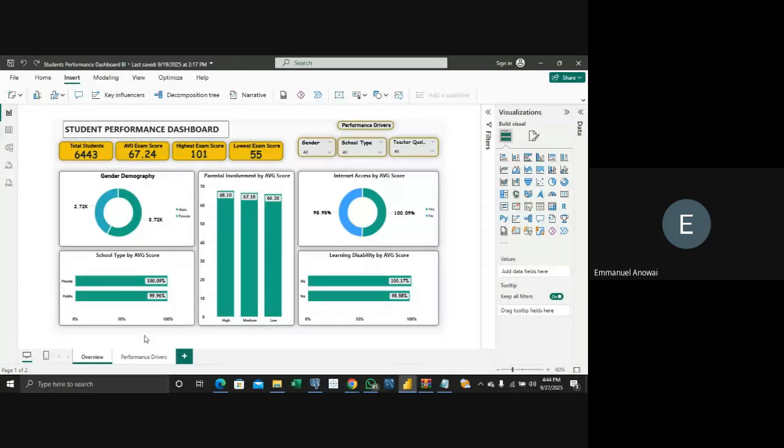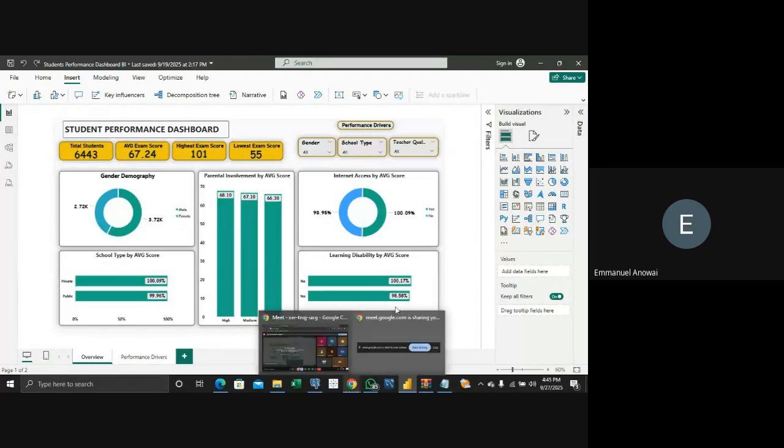Then to the charts, we have gender demography, with male and female. Then for the parental involvement by average score, we have high parental involvement with the highest average score, which is 68.10, and this suggests that students who have parental support tend to score higher than those who don't have, or those at a medium scale.